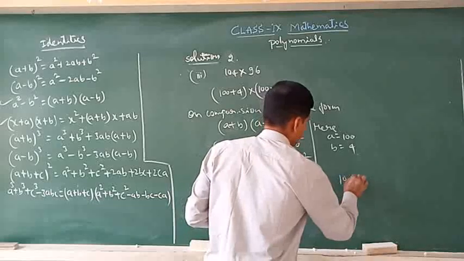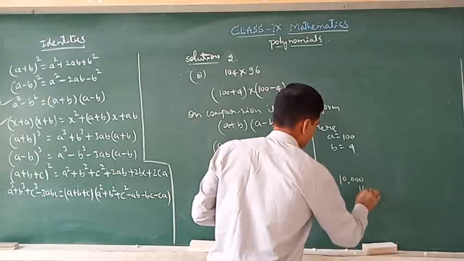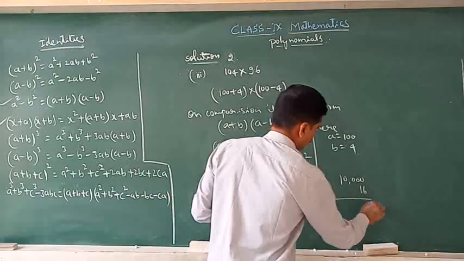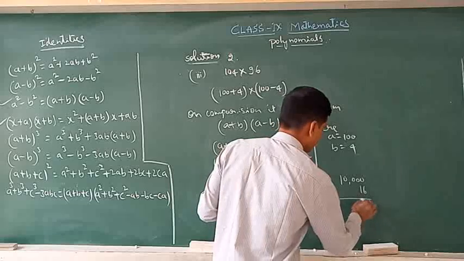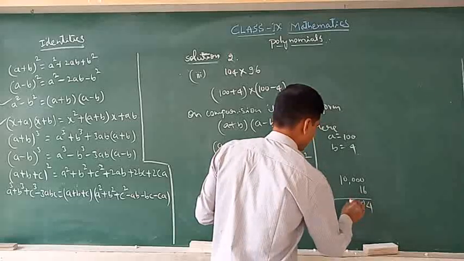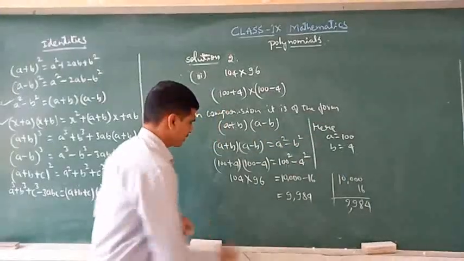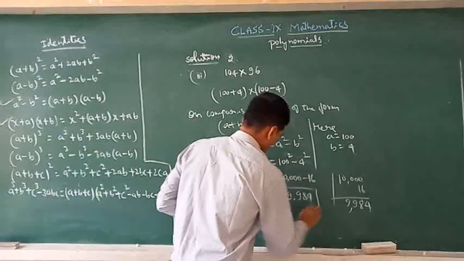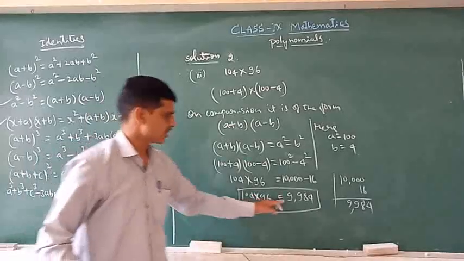Is it right? Once again check it: 10,000 minus 16, 4 and 9, 1 goes to 80, here it is 9, here it is 9. Right. So without direct multiplying, after applying the identity, we are able to get the answer as 9,984.